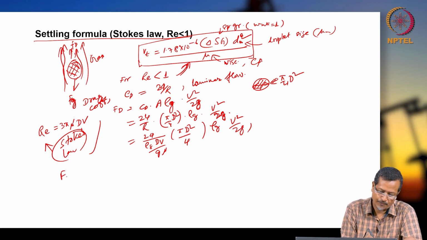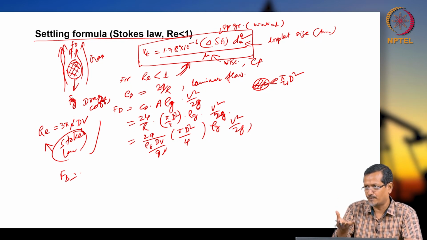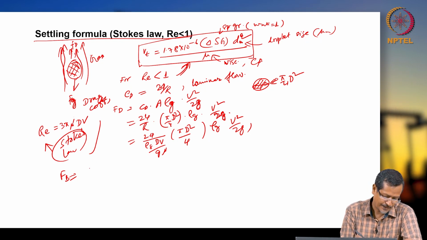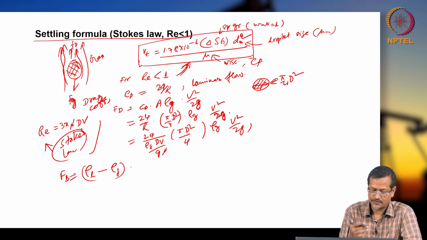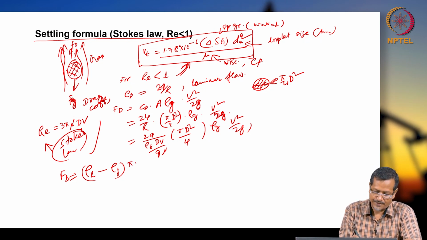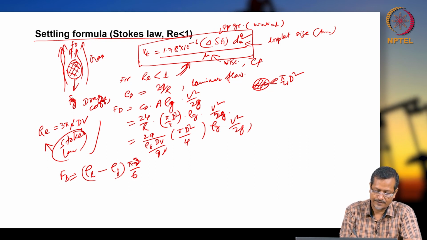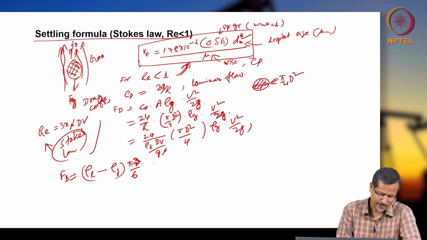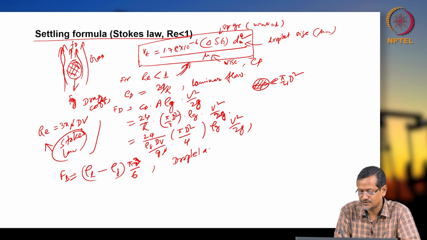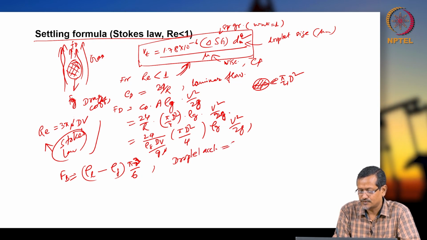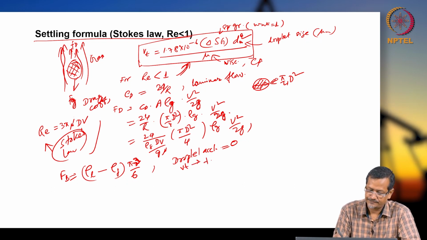Okay, and buoyancy force, because gas is moving up and it is giving buoyancy force. So buoyancy force will be rho liquid minus rho gas, the density difference, times pi d cube by 6, the particle volume. Okay, let's assume droplet acceleration equals 0 and terminal velocity is Vt.